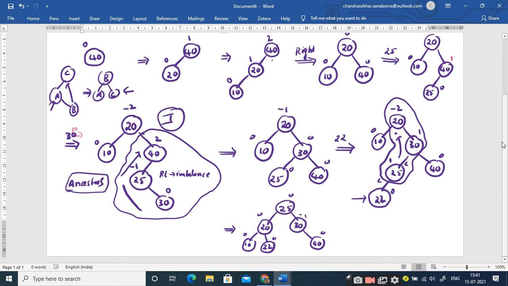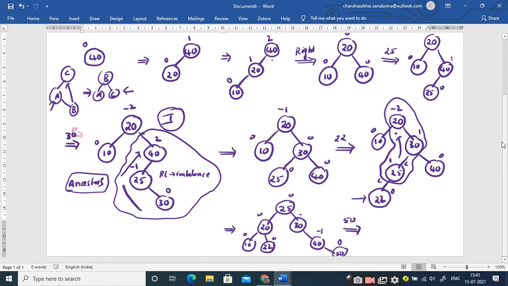Yes, sir. Now the last element, insertion of 50. Where should 50 be inserted? Right of 40. So if I insert 50 at the right of 40, the balance factors are going to change in this manner.